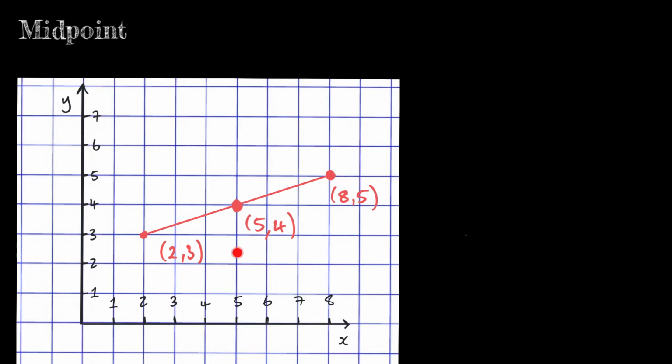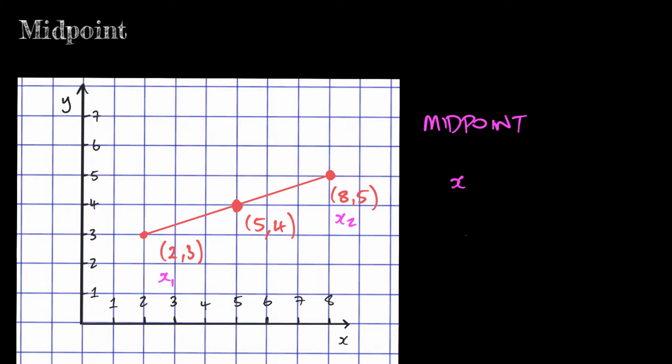Which it is. So the rule that I've come up with is I add my two x values and divide by 2 to get my x coordinate. So I can say the midpoint will be: add my two x values. Let's call this one x1 and this one x2.